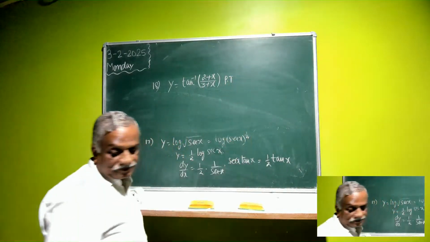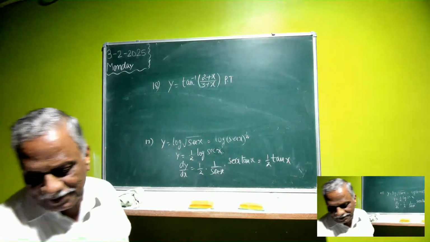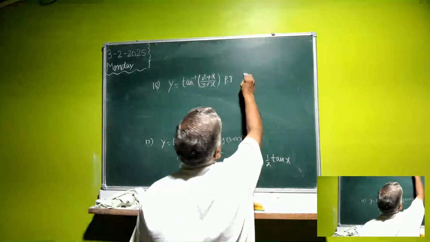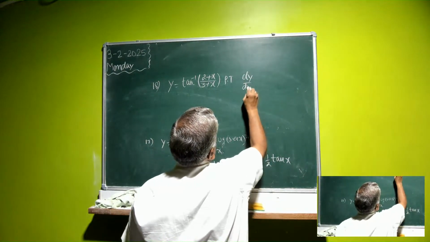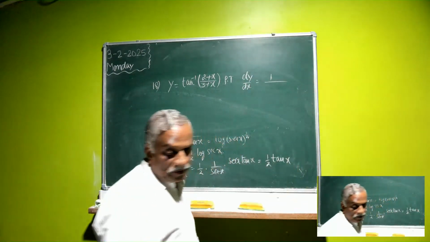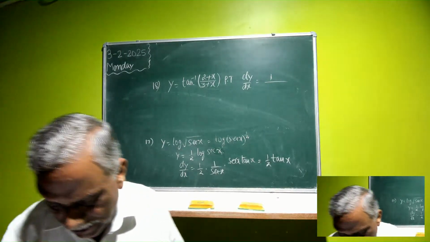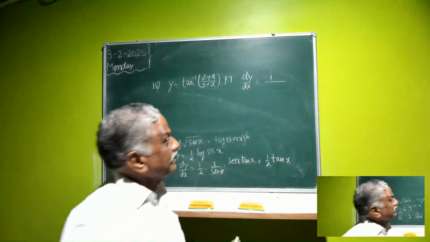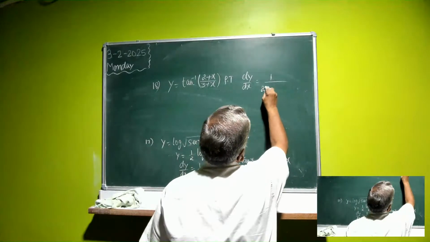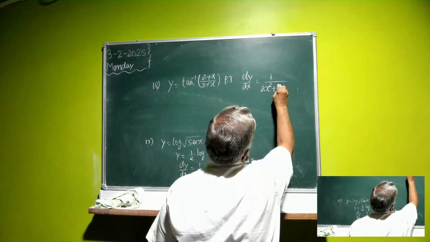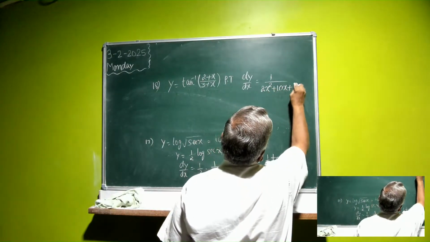Prove that dy by dx equals 1 over 2x square plus 10x plus 13.